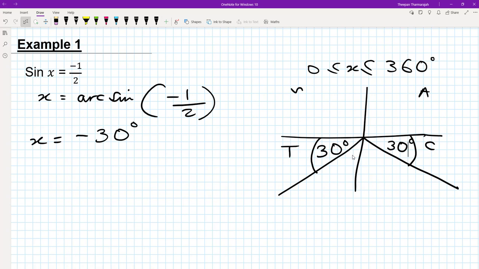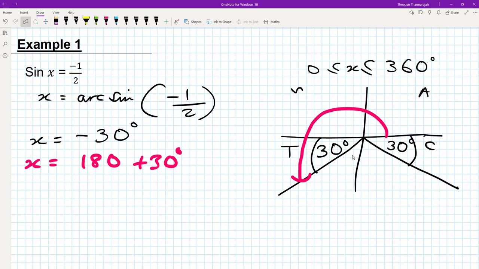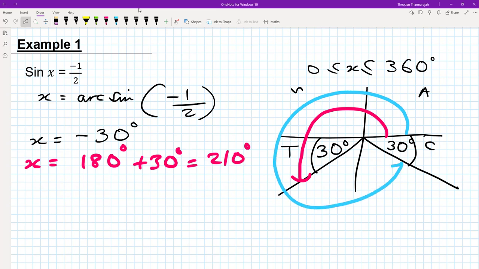And our first solution is 180 plus 30, which is 210 degrees, and the other solution is here, 360 degrees minus 30 degrees is 330 degrees.